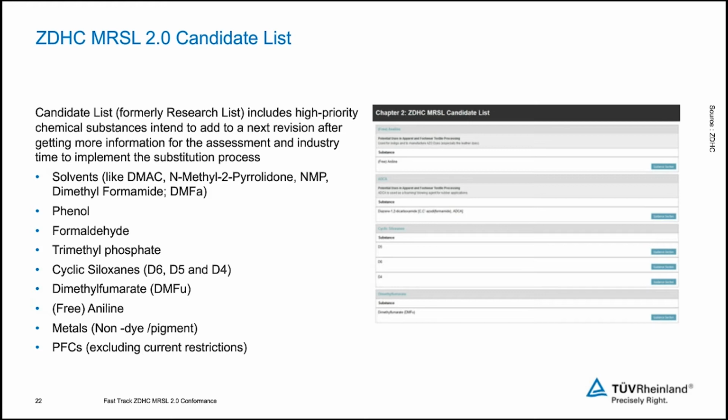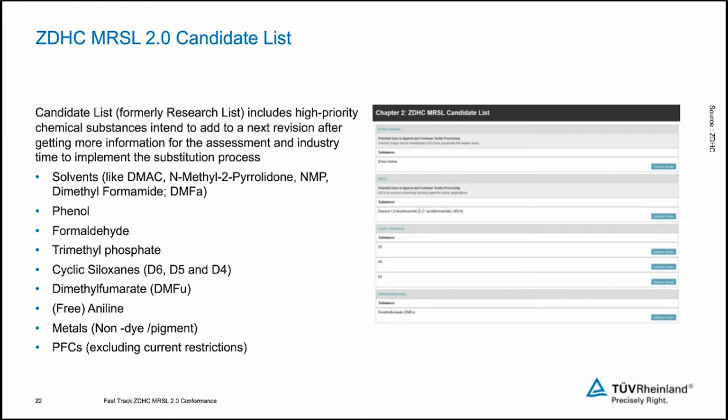Same as for the SVHC list, a stakeholder can propose chemical substances meeting specific criteria to be included in the new version of SVHC or MRSL. The purpose of the candidate list in general is to help the industry by offering visibility over potential future restricted substances, and also give the industry important time to prepare and innovate new chemicals.